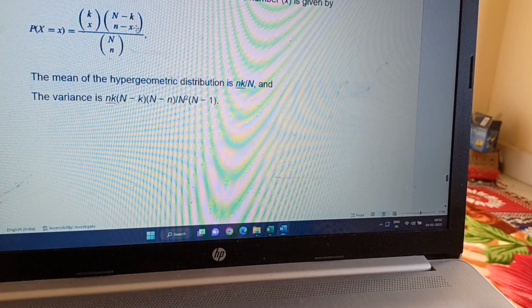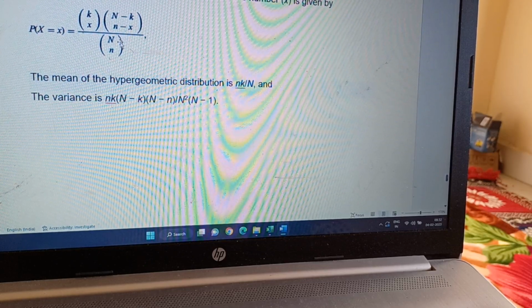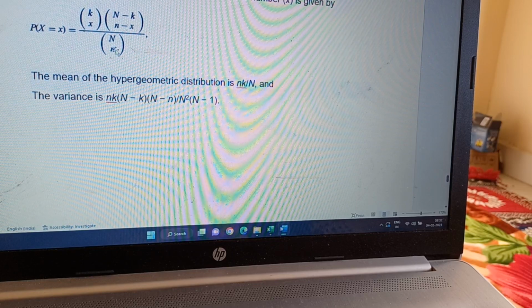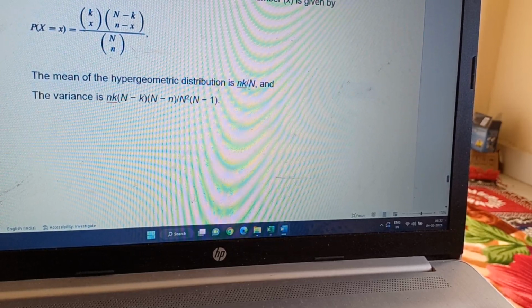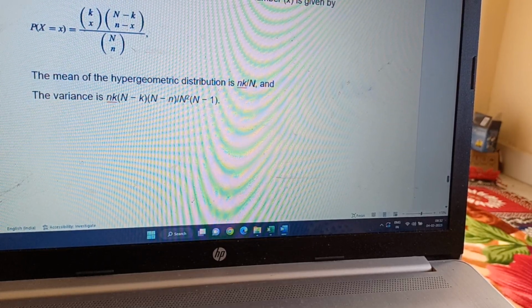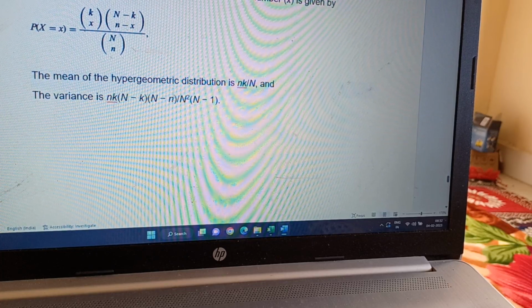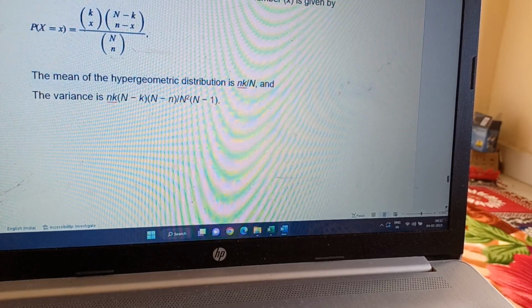Then obviously n minus x is the number chosen from the second group, divided by the total number of ways of choosing small n out of N. The mean is n times K by large N, and the variance is n times K times N minus K and so on. Probably this will not be asked in GATE; otherwise they will give you the formula.